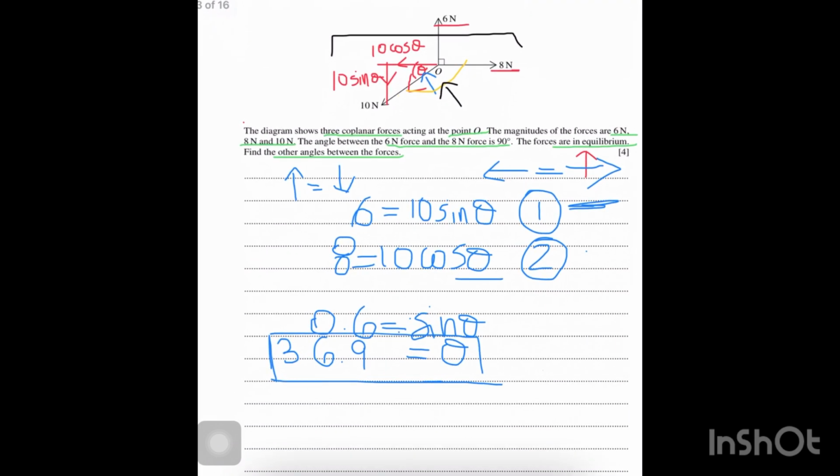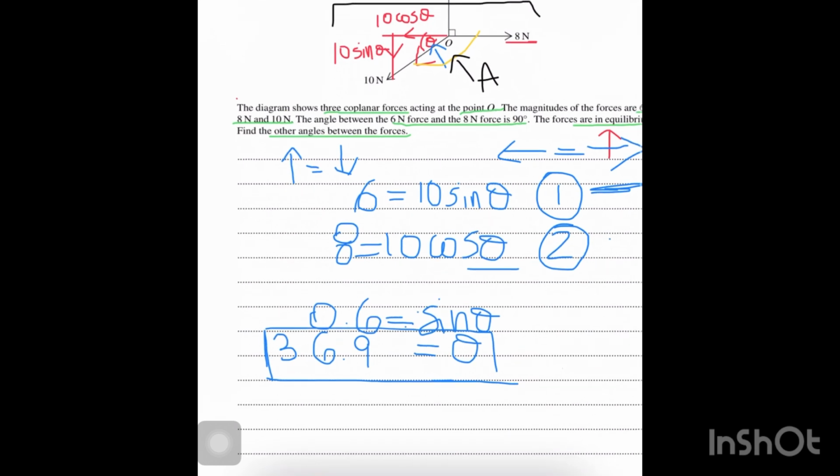So we call this angle over here angle A. That means that angle A must be equal to 180 degrees minus 36.9, which is equal to 143.1.